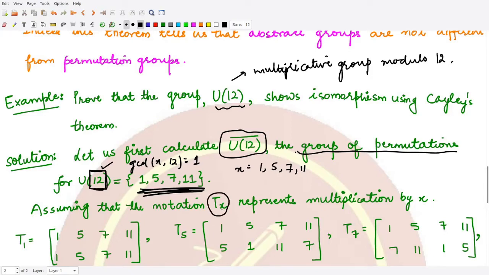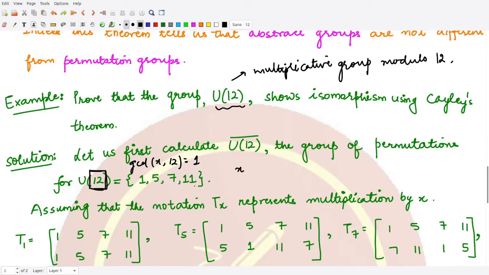So this Tx represents a permutation where we multiply all the elements by x and then take modulo 12 of it. So we again get back one of the elements 1, 5, 7, and 11. That forms the different permutations for the elements of the group U12 bar.